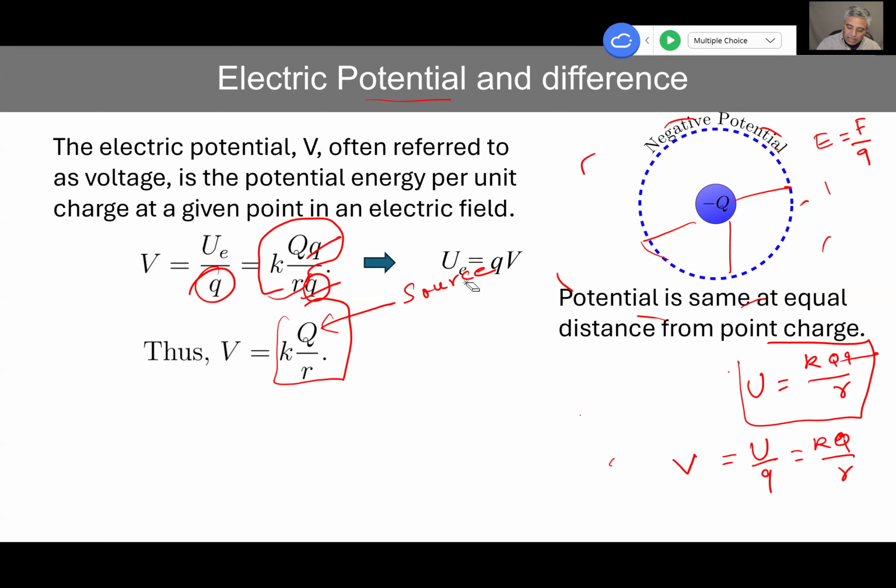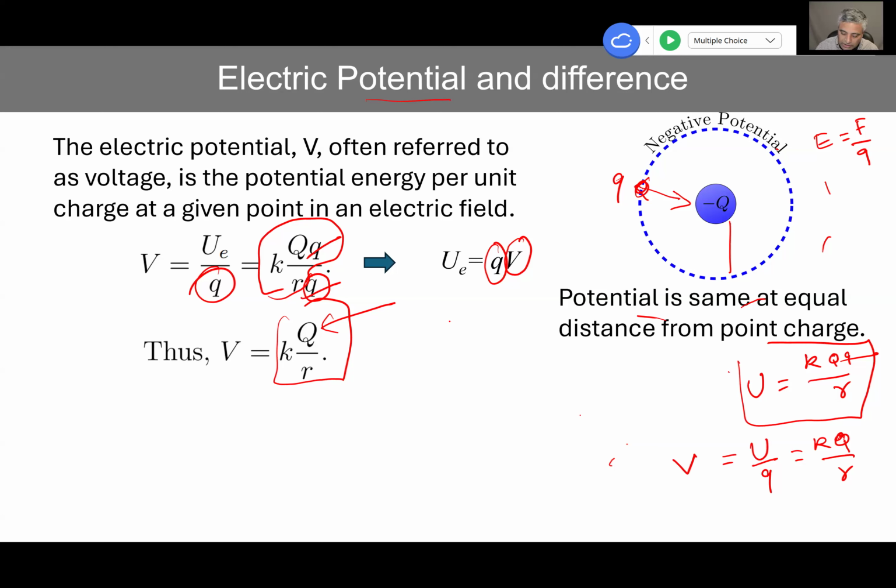So if you know the potential, then you can get potential energy just by multiplying by that charge. So what happens? There is potential everywhere around this source charge. If you bring a test charge over there, what's going to happen? Now there is potential energy between them. How much is the potential energy? Whatever potential is there times the charge itself, okay? So that's how you can think.